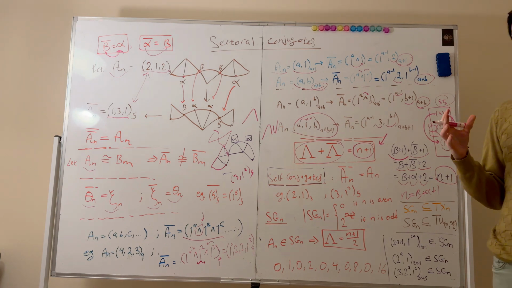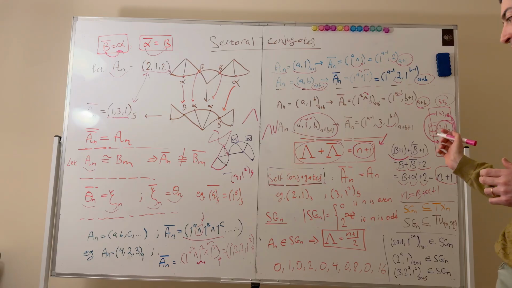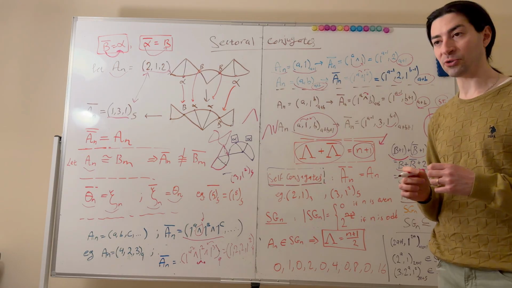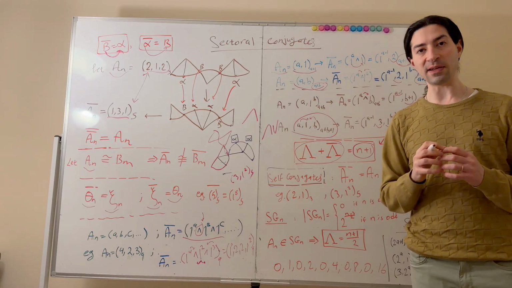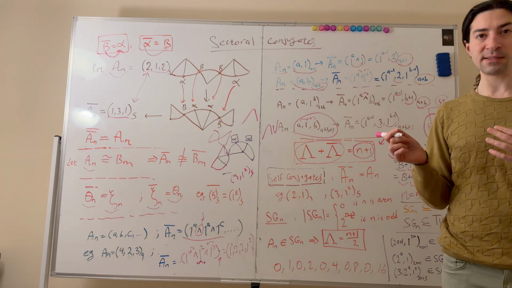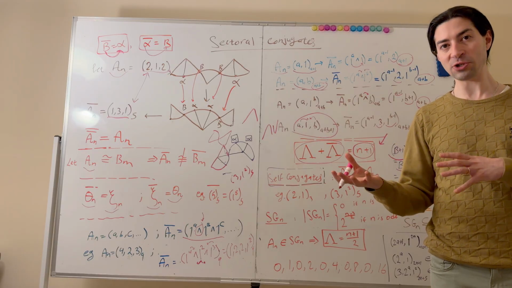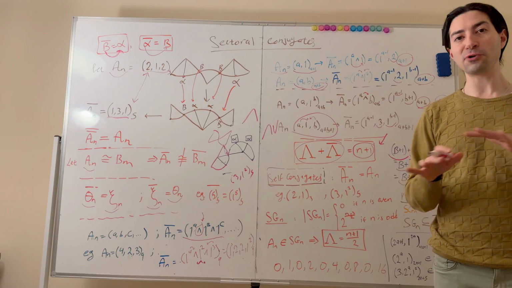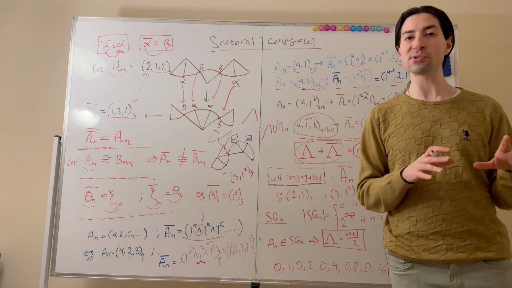Now we notice that when we have an even number of sectoral structures, or let's say when n is an even number, then each sectoral structure has a unique conjugate, meaning there are no self-conjugates when we have even values for n.